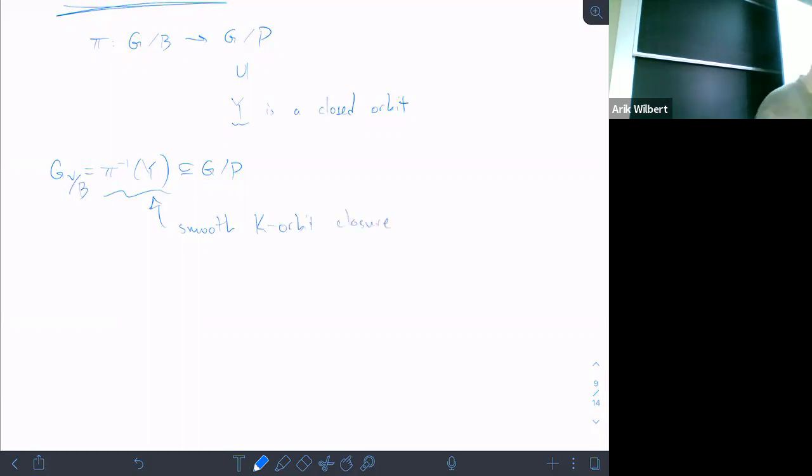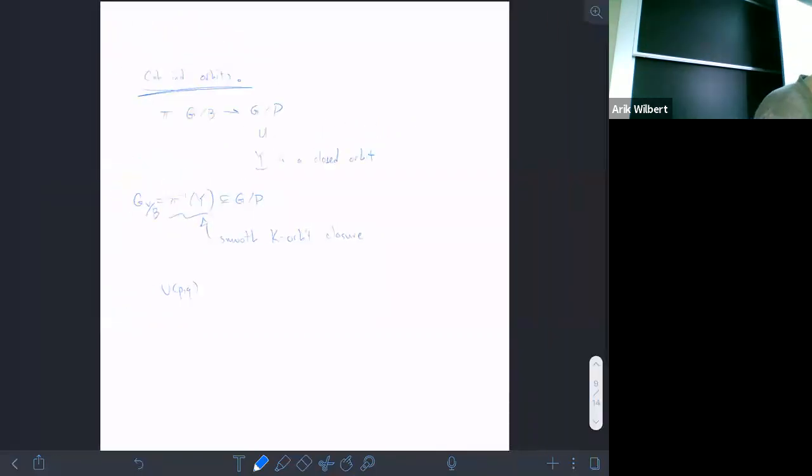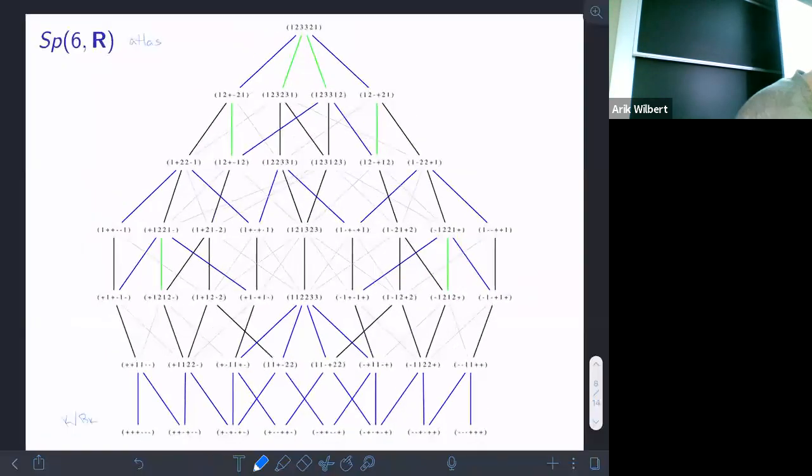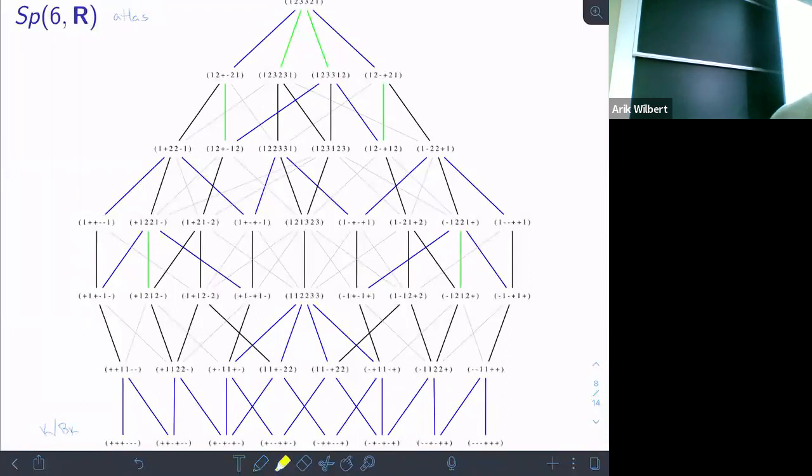For example, in the group U(p,q), which is a good group, it's a fact that all smooth K-orbit closures are of this form. So sometimes this gets you really far in describing all the smooth K-orbit closures. It's different here. Let me highlight all of the cohomologically induced ones. Any closed one is fine. In fact, any length 1 is also of this form.